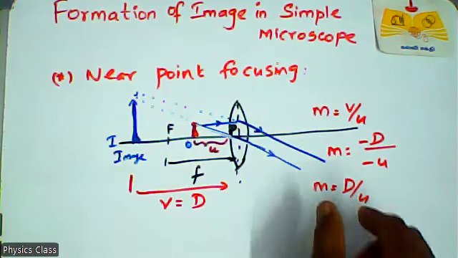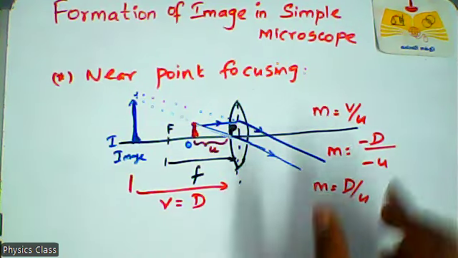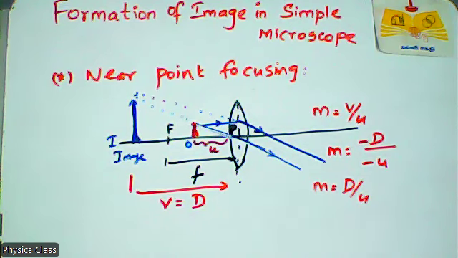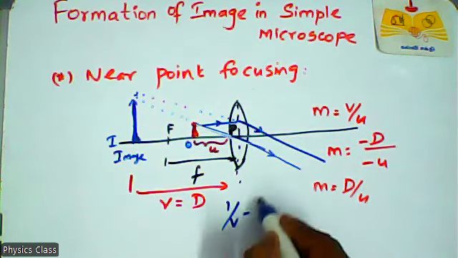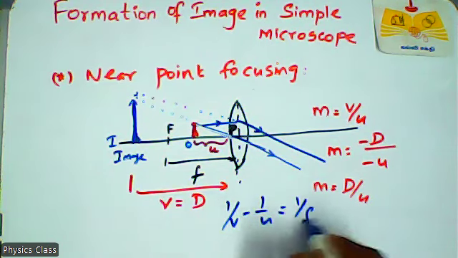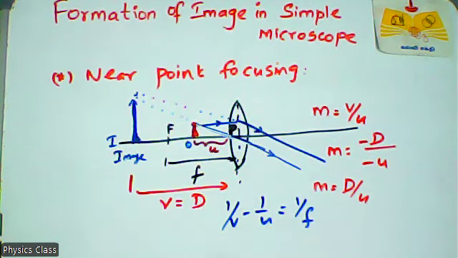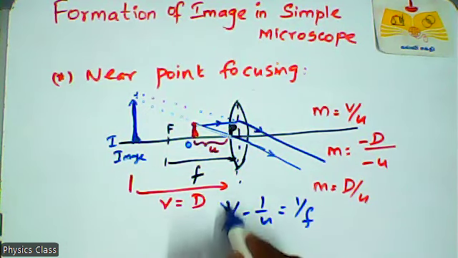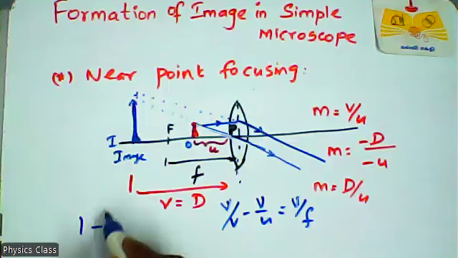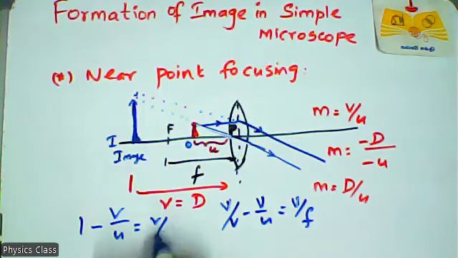We can substitute M is equal to D by U in the lens equation. Already we know the lens equation is 1 by v minus 1 by u is equal to 1 by f. We multiply by v, so v by v is 1, so 1 minus v by u is equal to v by f.